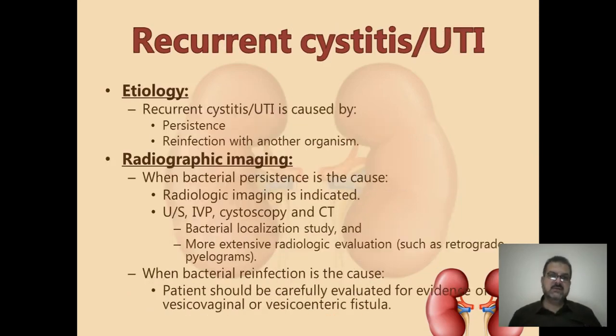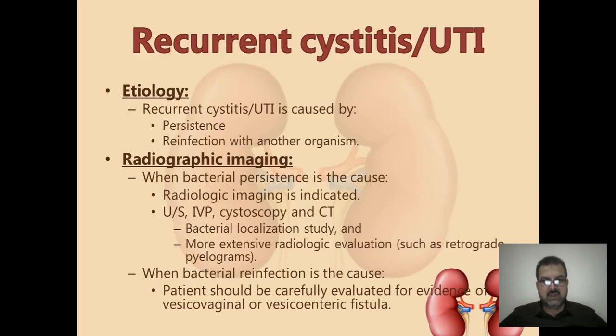If these patients have recurrent attacks of cystitis, we have two kinds here: persistent and reinfection. Persistent is recurrent infection with the same microorganism, which gives a high suspicion of a nidus inside the body that continues to spread the microorganism.